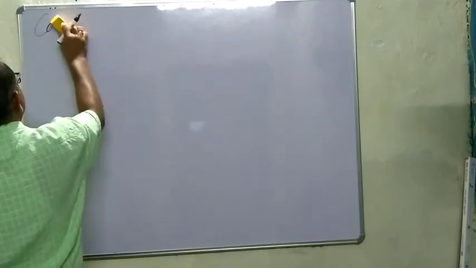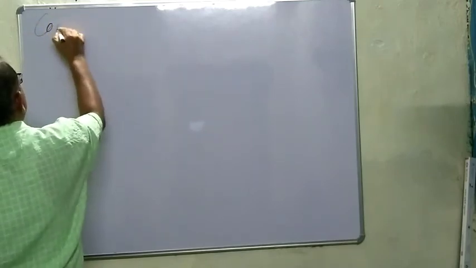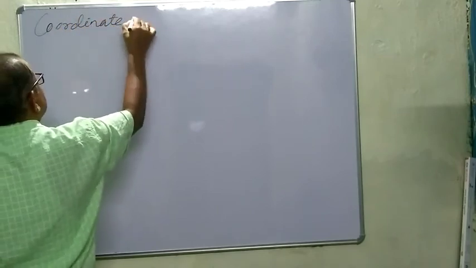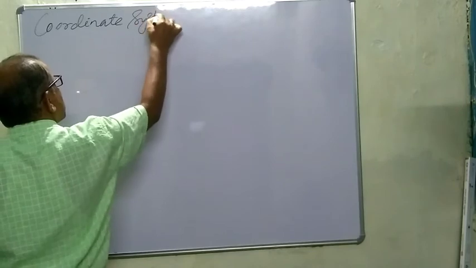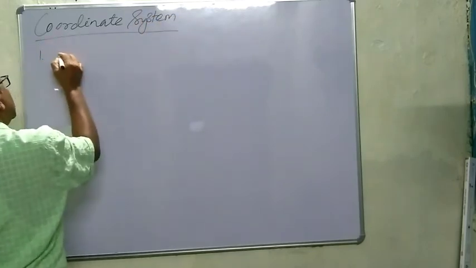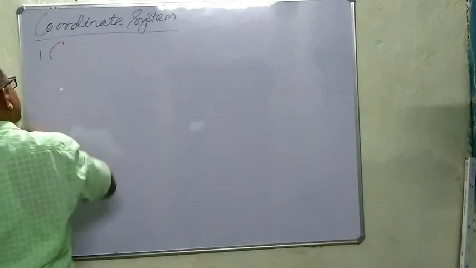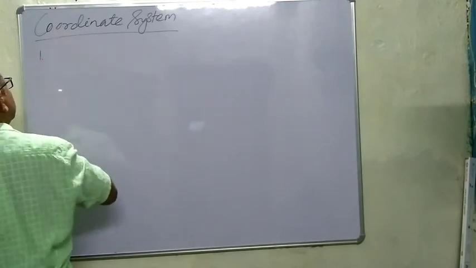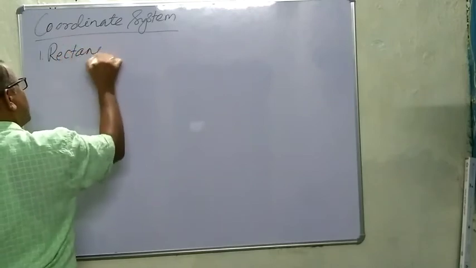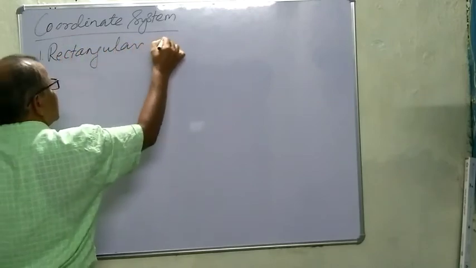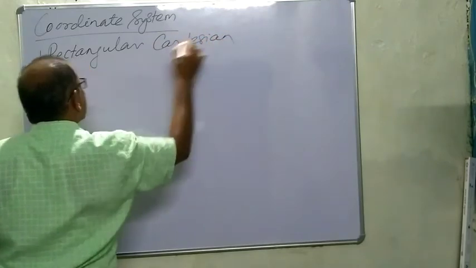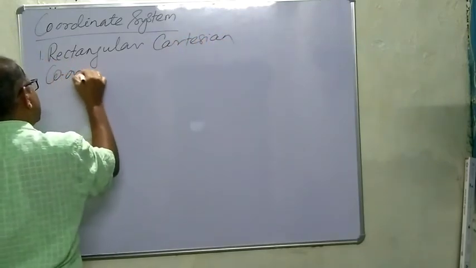Number one, the rectangular Cartesian coordinate system.